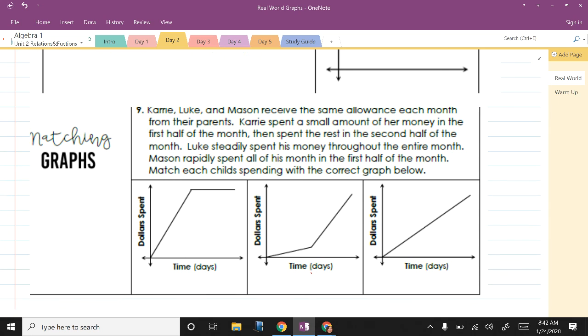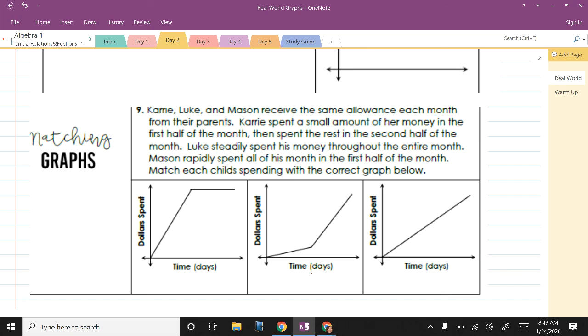Matching. Okay. We've got 3 kids and 3 graphs. This is all about the same scenario; theirs are all different scenarios. All right, so 3 kids: Carrie, Luke, and Mason.